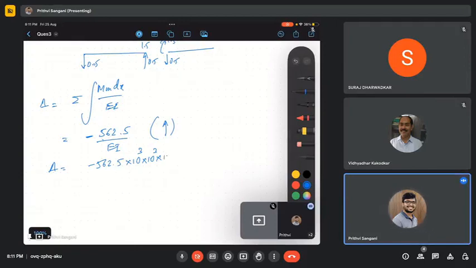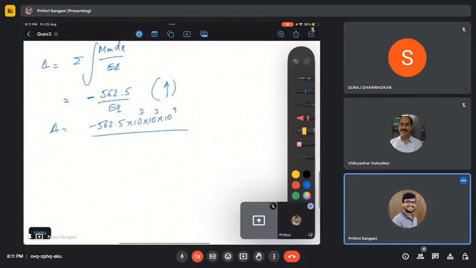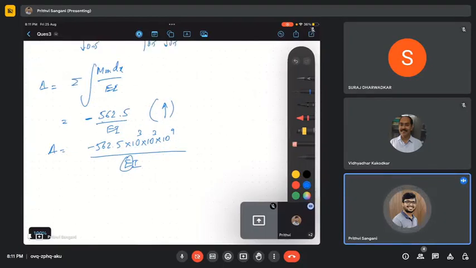So that is like 10 to the power 3 cube, so 10 to the power 9 meter cube, divided by EI. Let me tell you how these units work out.